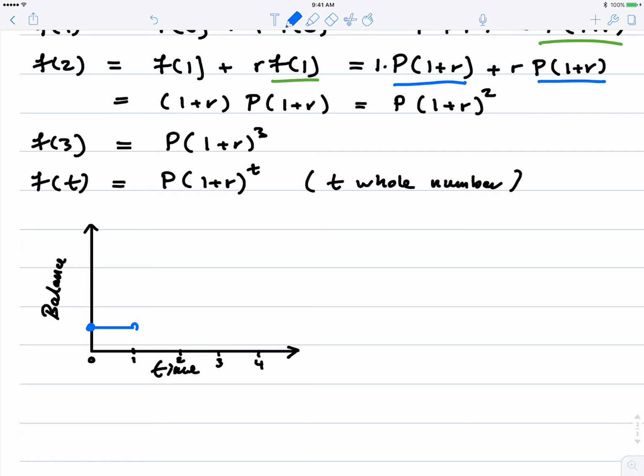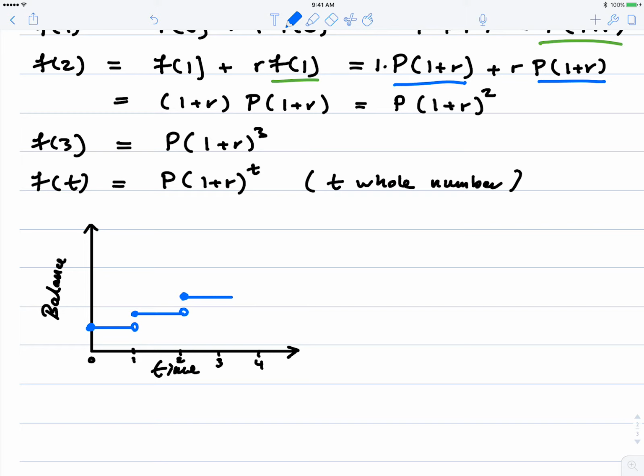And then suddenly you jump. A certain amount gets put into the account, and then it stays the same for another year. The amount that gets put into the account, well, you just multiply P by 1 plus r. Then it's the same for another year until you hit 2, and then suddenly there's another jump. You multiply by 1 plus r.